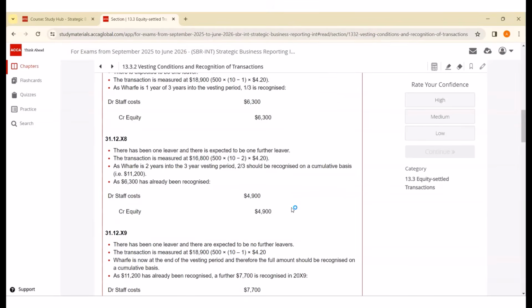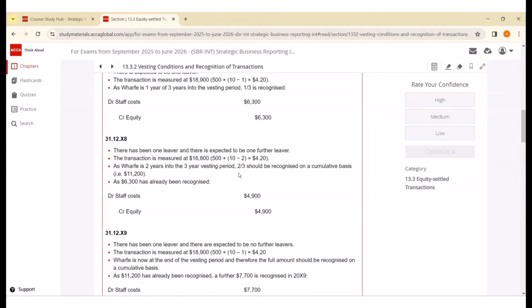Now, when we come to year 2, one person has left and we feel that one more person is going to leave. At this point, we are trying to calculate the expense which we are going to charge in year 2. Now, 10 people started off, one person has left, one is expected to leave, so minus 2, we have 8 people.